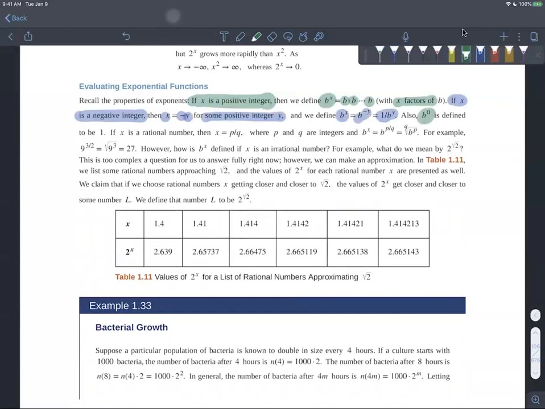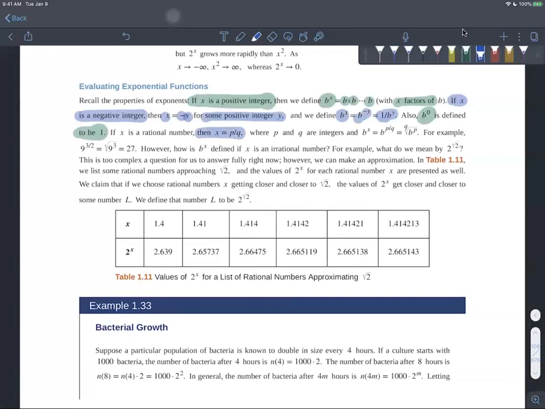Also, it's commonly defined that b to the 0 is defined to be 1. Okay. If x is a rational number, meaning like a fraction, then x would be equal to p over q for some integers p and q.